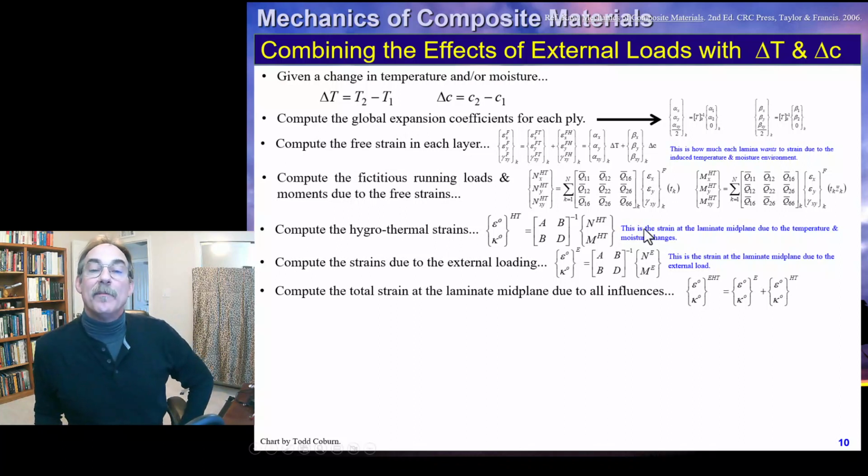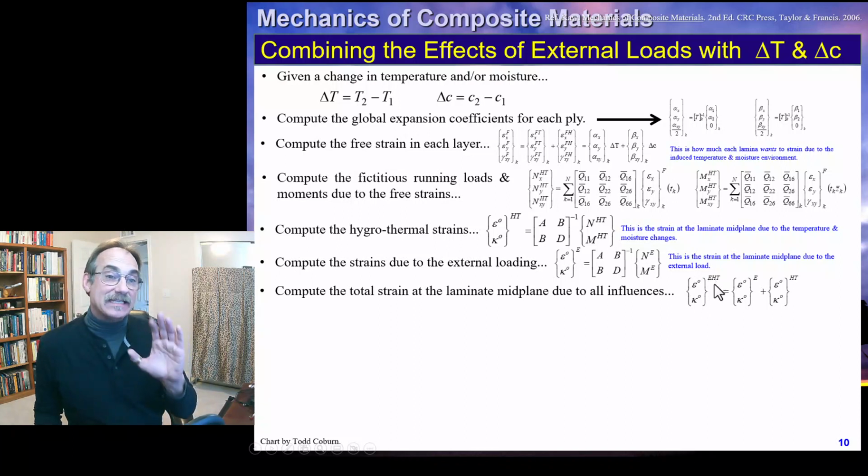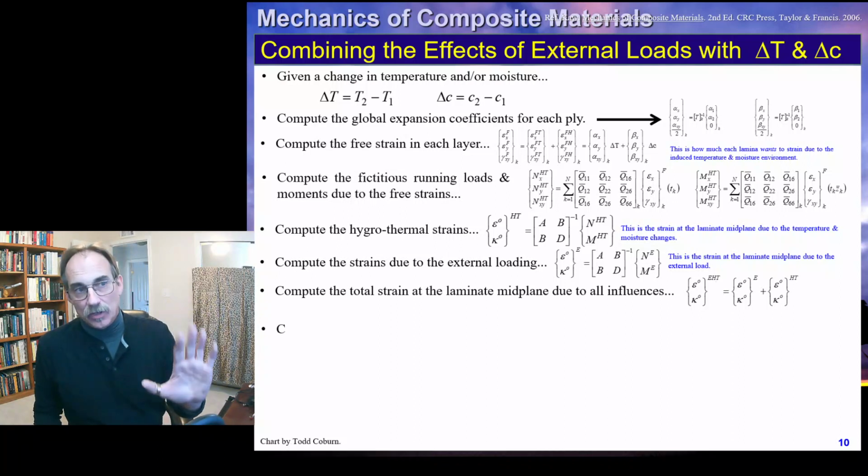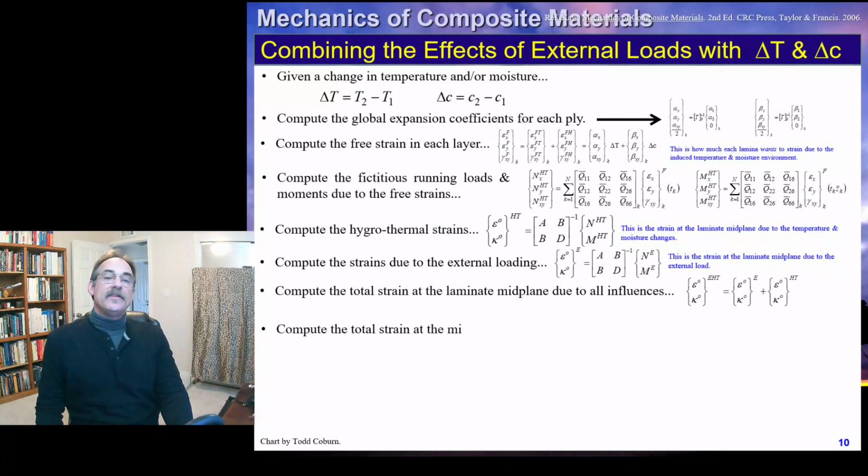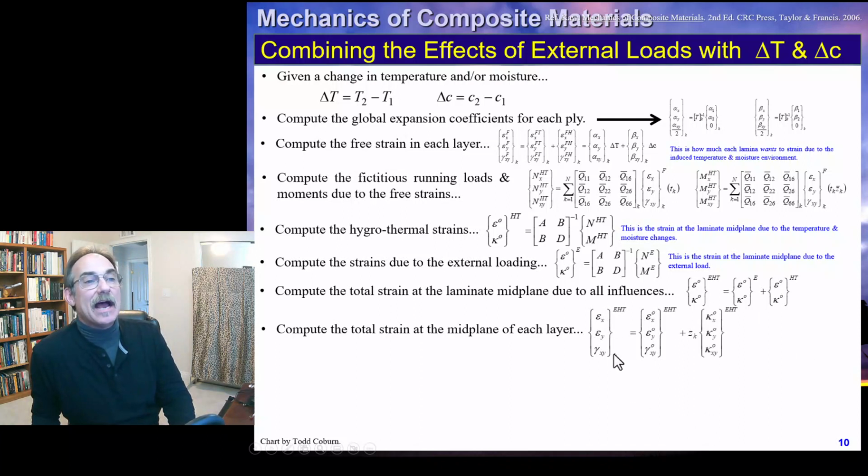And we're going to call the combined strains and curvatures EHT as our superscript to show that it has external load and hydro loads and thermal loads. Okay? Therefore, the total strain at the midplane of each level based on these loads can be calculated this way.